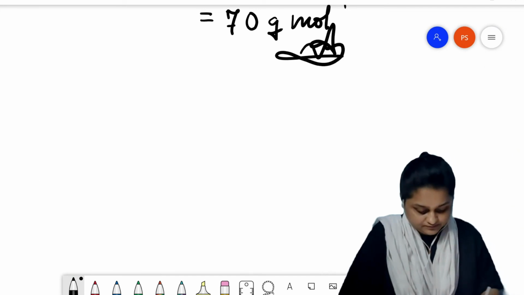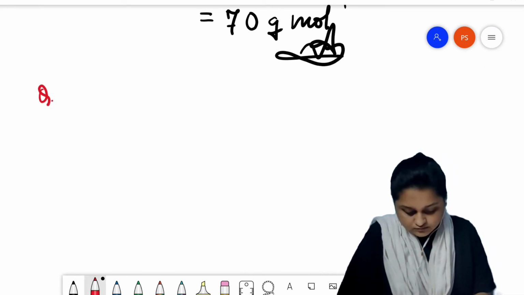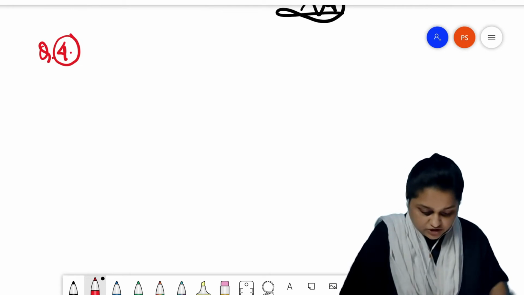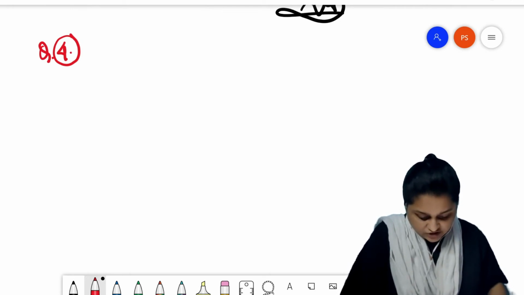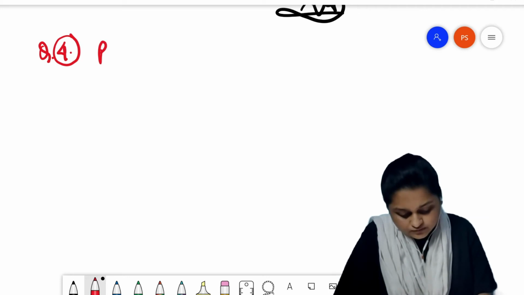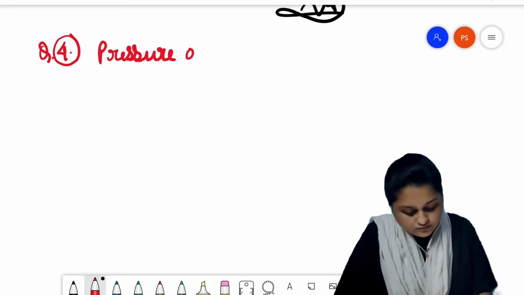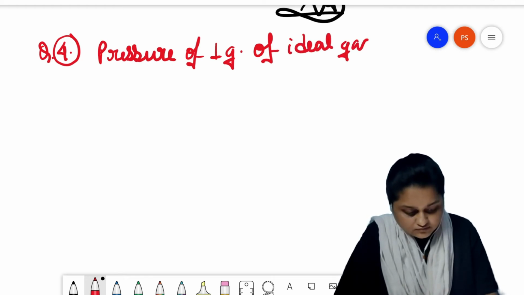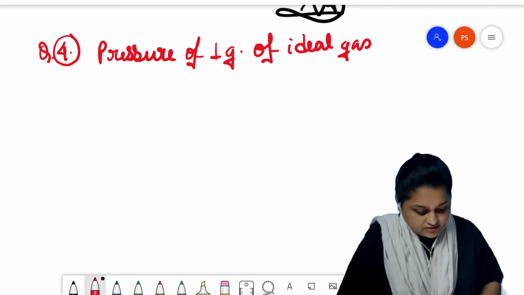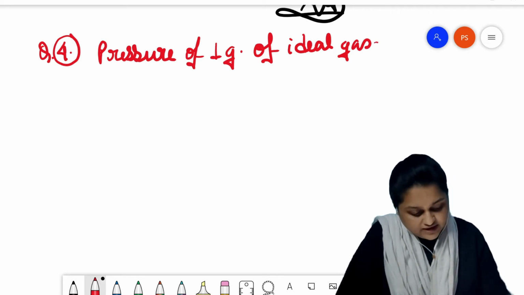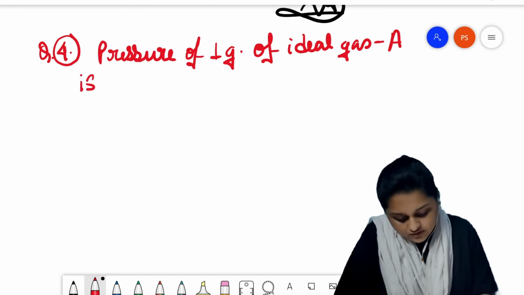Question number 4 is, pressure of 1 gram of ideal gas A at 27 degrees Celsius is found to be 2 bar.